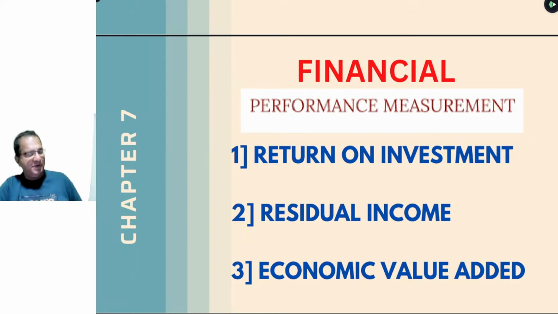Now write one by one, beta. Write down point number 1, return on investment. Return on investment, write down in bracket ROI.